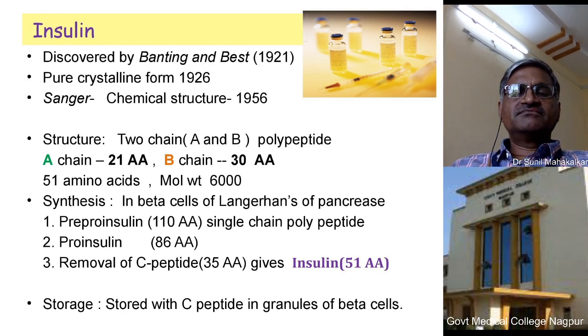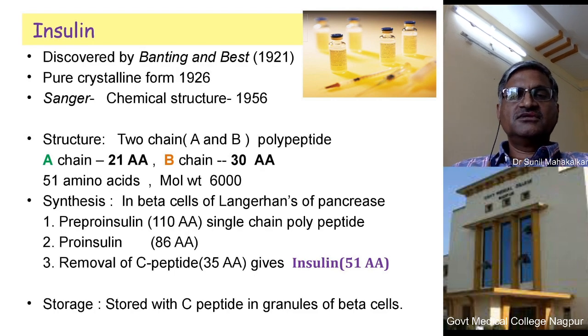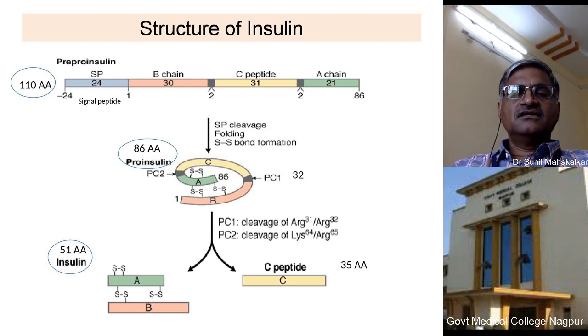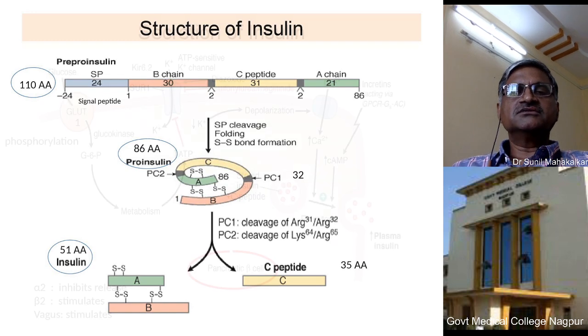After its synthesis, it is stored in the granules of the beta cells. So this is the structure of insulin. Pre-proinsulin, then there is a cleavage, and then folding. Proinsulin is folded, and then C peptide is removed, and we get insulin of 51 amino acids.